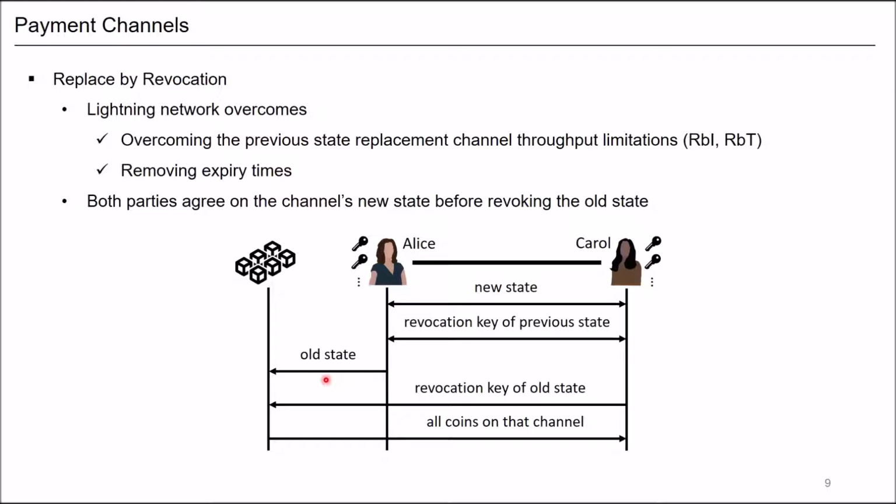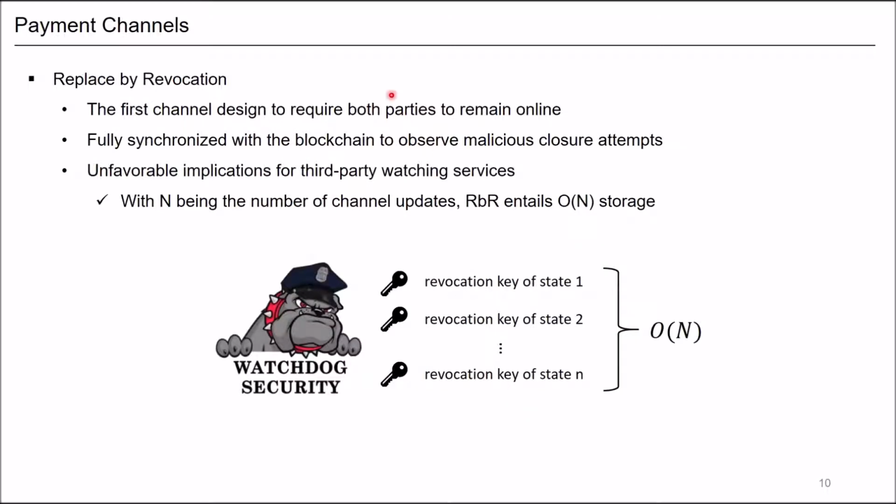A successful dispute grants the winning party all coins of the channel, like here. The RBR is the first channel designed to require both parties to remain online and fully synchronized with the blockchain to observe malicious closure attempts.